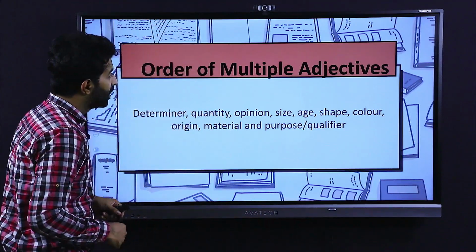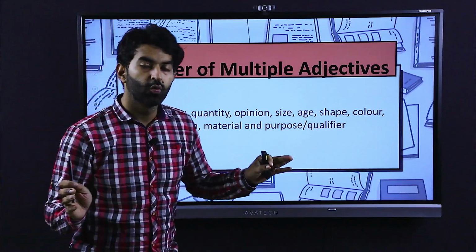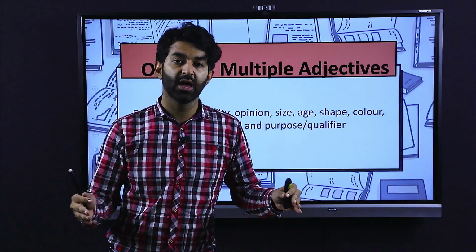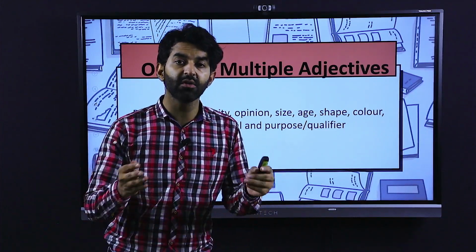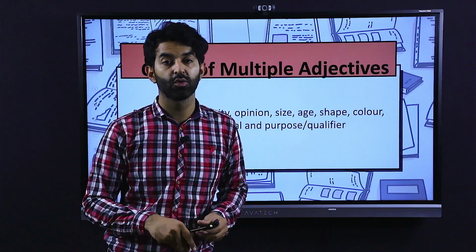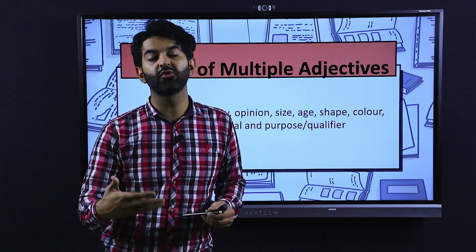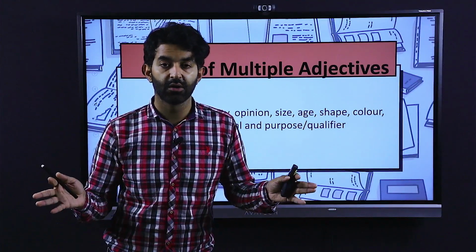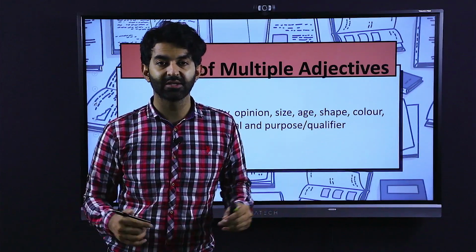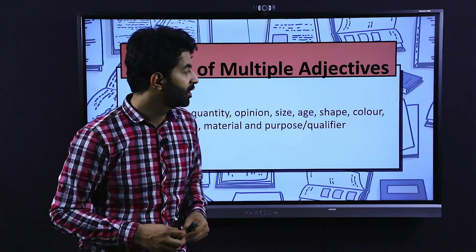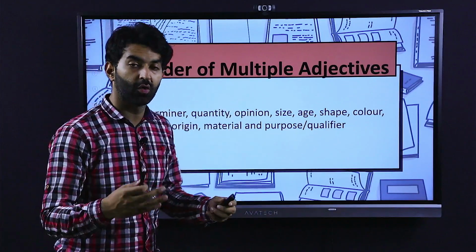Now, what if in a sentence we are dealing with multiple adjectives? There are multiple adjectives, words that are actually describing and giving information about our noun. There could be more than one, more than two or three. How do we deal with these different numbers of adjectives? Now there is an order that you need to follow.